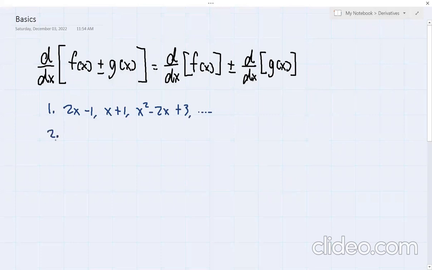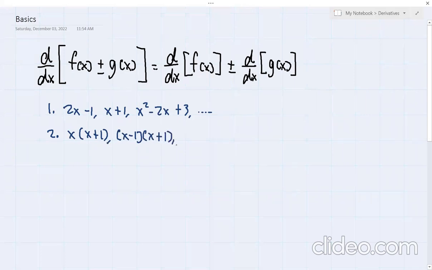Second practice natin is yung meron tayong algebraic expression pero naka-factored sila, naka-factored form. Kunwari, x times quantity x plus 1. O kaya meron tayong dalawang binomials magka-combine, x minus 1 tapos x plus 1.